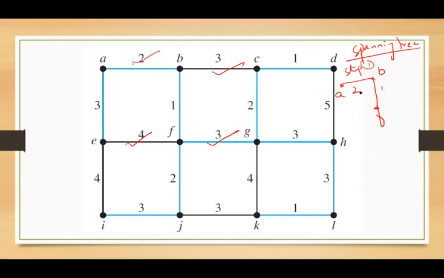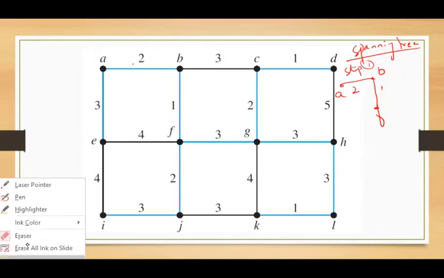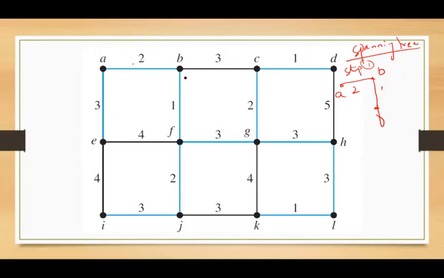among these 2, to which different edges are they connected? Let me highlight which edges we have selected and which other edge we can select. Among BF, we have selected these 2. Now these 2 are connected to how many different edges? AB is connected to AE, and BF is again connected to EF, FG and BC.